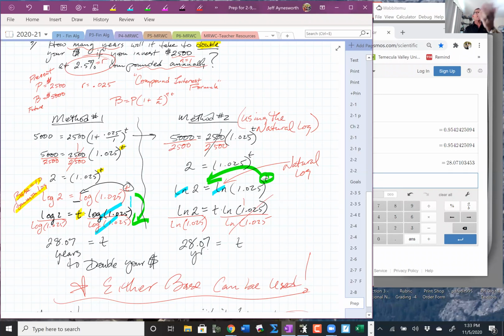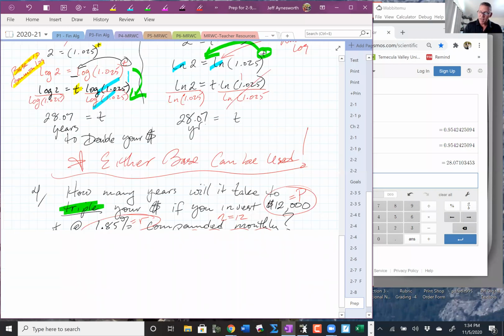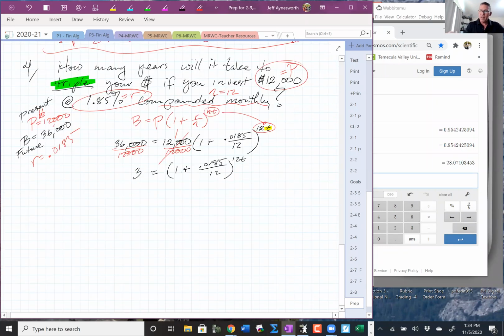So I'm going to let you guys choose. So Getsy, choose for the class here. You choose base 10 or base E? Base 10. Okay, here we go. We're going to do base 10. All right, so let's take the common log of both sides. Here we go. So log of 3 on the left. This is base 10, or the common log.